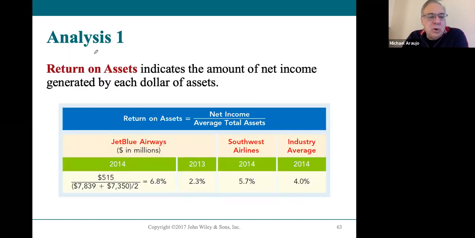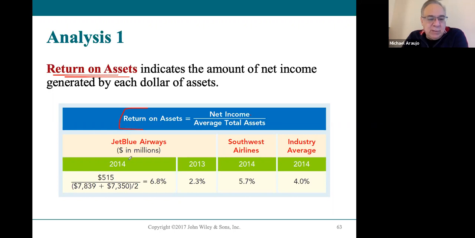All right, so one of the more important things here is return on assets. And return on assets is basically, are your assets generating profit? So return on assets simply is looking at your net income, which is your profit, divided by your average total assets. Your assets should be generating profit.